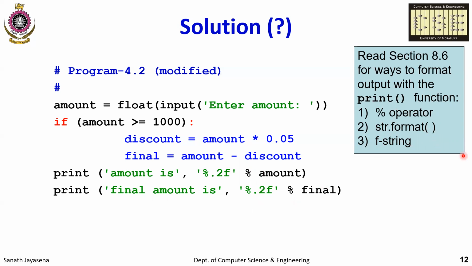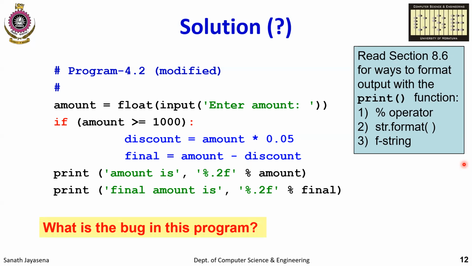You can read on those later separately. So your exercise is to find the bug in this program, and not only that, see how you can fix it. Okay. With that, we conclude part 2.